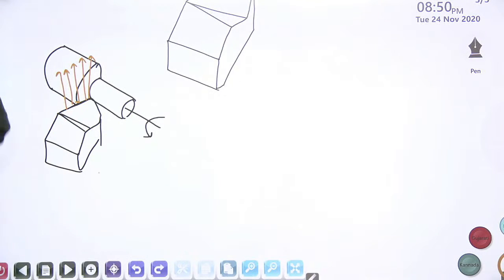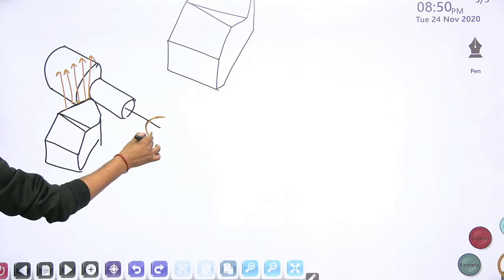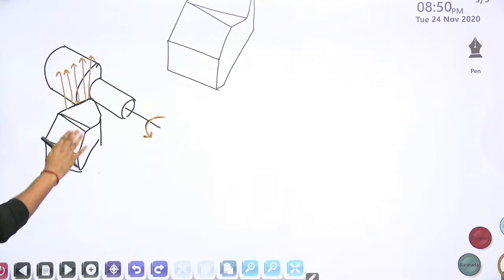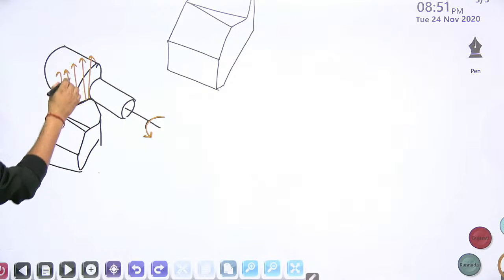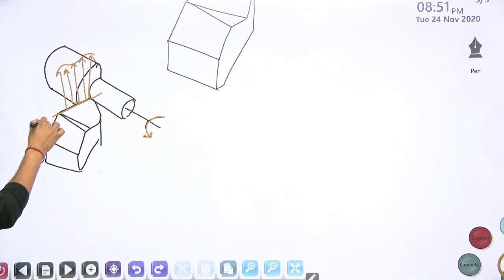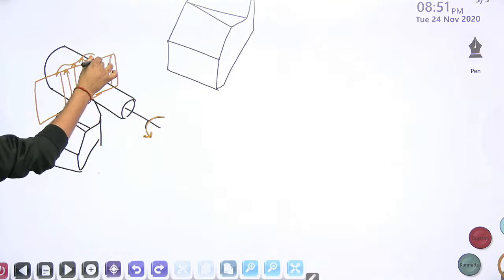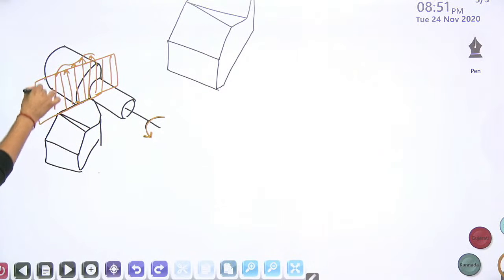So the tool will force the workpiece in the upward direction, isn't it? I hope you are understanding. Yes, the workpiece is rotating and forcing the tool downwards. So the tool will force the workpiece upwards, and this force will act in a plane which is exactly along the cutting edge, isn't it?